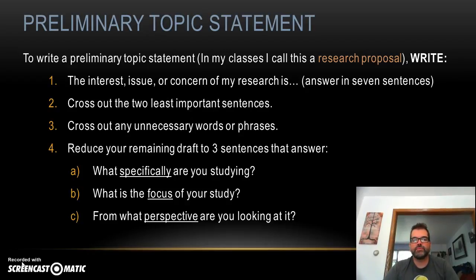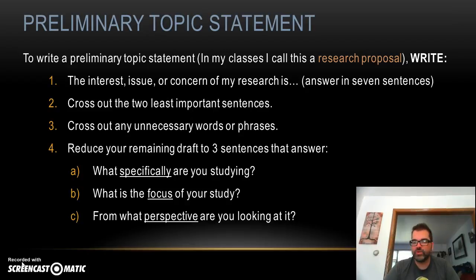So to write a preliminary topic statement, here's a suggestion. In 7 sentences or less, write the interest, issue, or concern of your research. Then cross out at least 2 of those sentences. Cross out the least important sentences. Then I want you to cross out any unnecessary words or phrases.